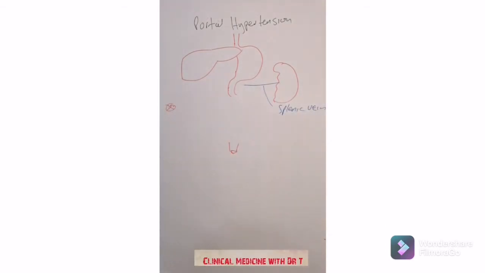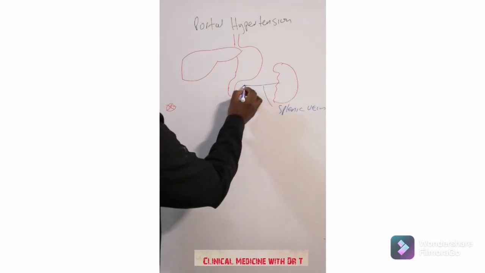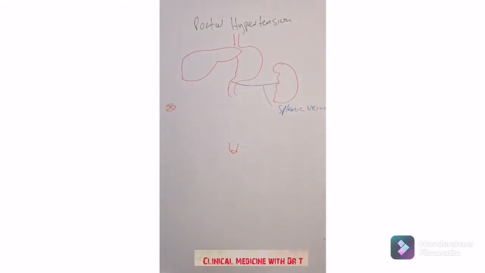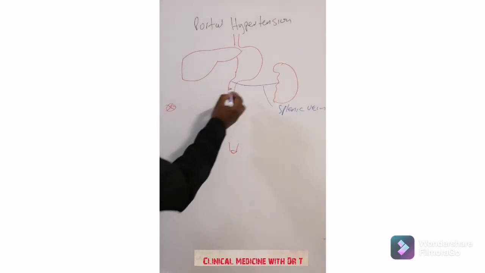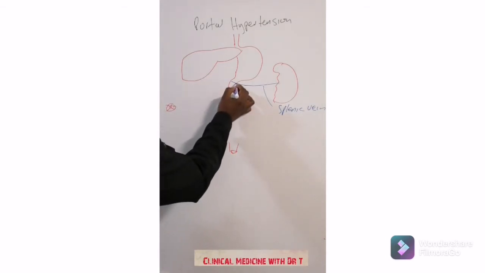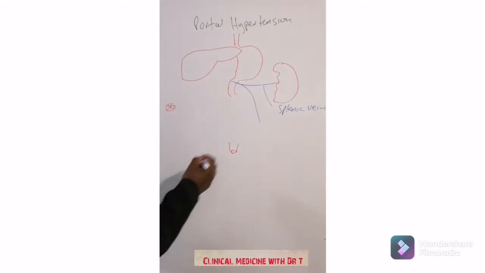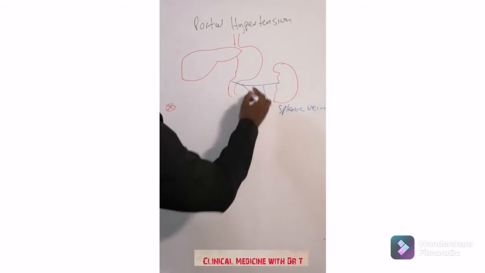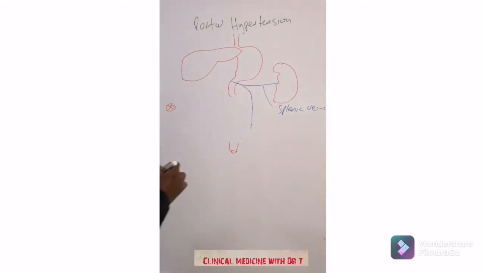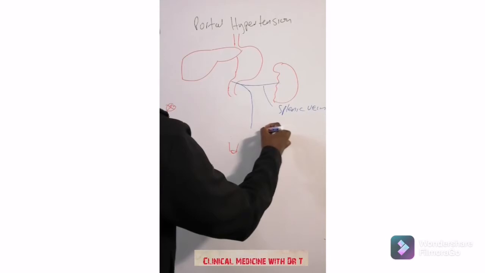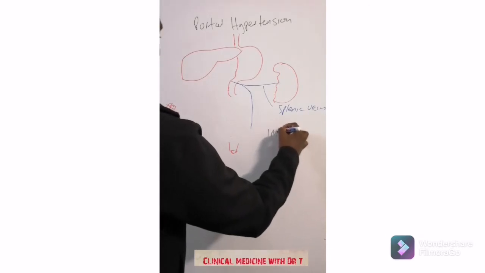And the splenic vein, as it approaches the liver, is joined by another vein called the inferior mesenteric vein.